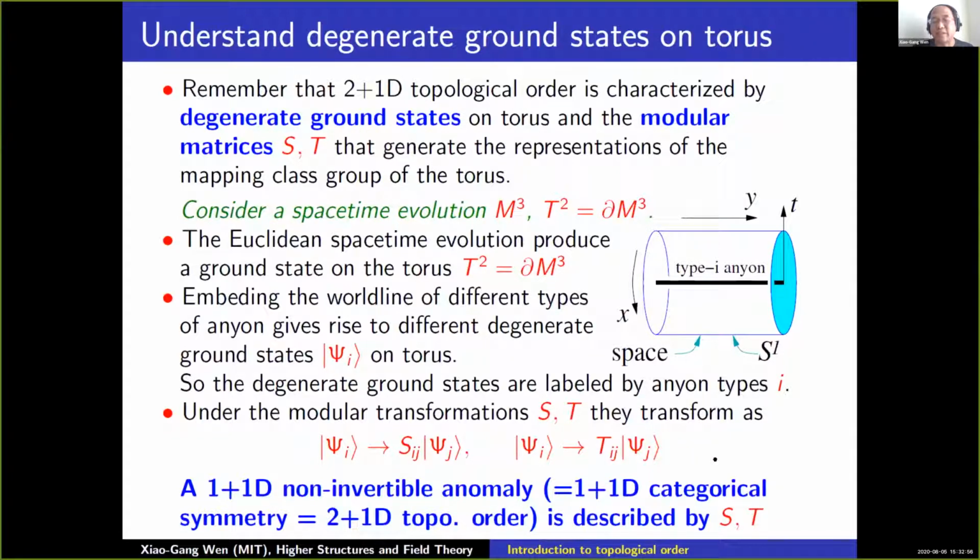You'll ask, what is a 1+1D categorical symmetry? How to label and characterize them? I say, okay, the ST matrix labels this categorical symmetry. More precisely, it is a unitary modular tensor category, which labels a categorical symmetry in 1+1D.